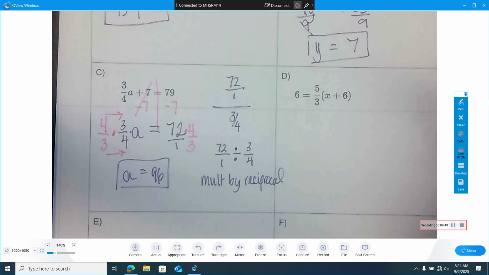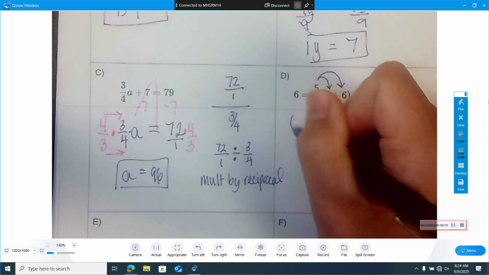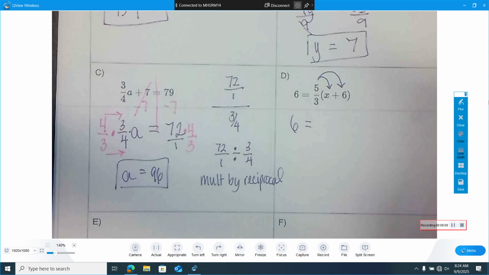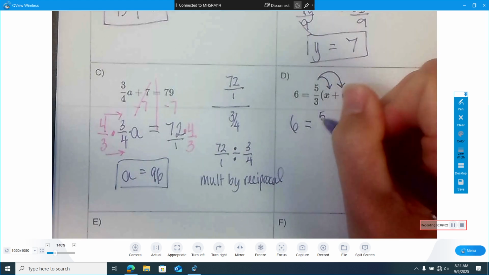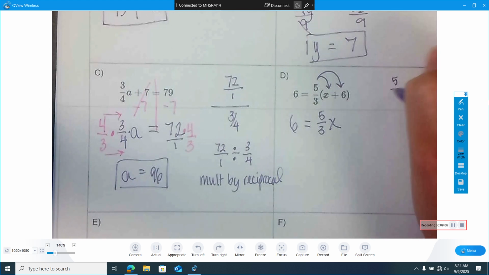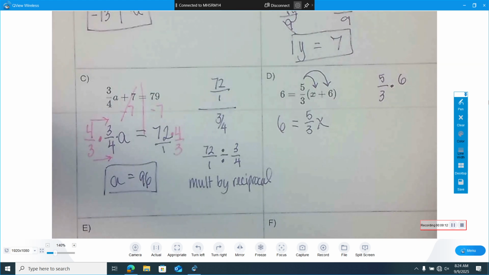What do you want to do first? Distribute. Okay. All right, so we have 6 is equal to, what is 5/3 times x? 5/3 x, very good. And I'm going to write it over here, 5/3 times positive 6. What do we want to do?